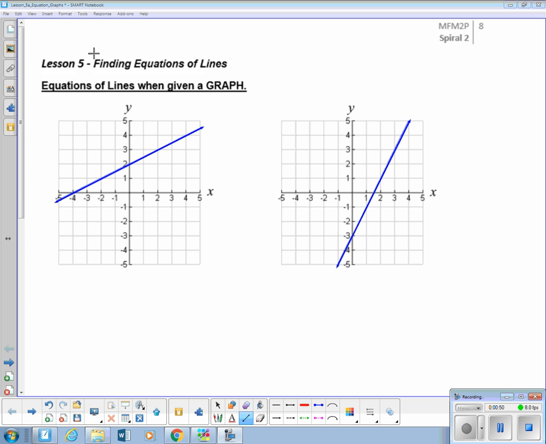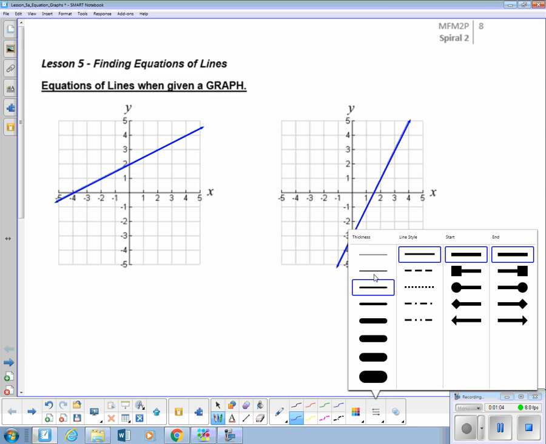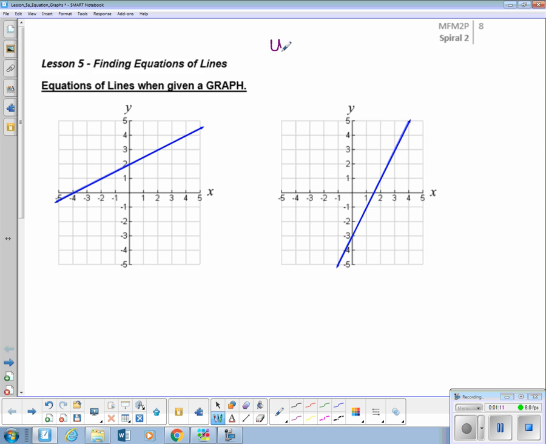So lesson 5, it's page 8 of your green book, finding equation of lines when given a graph. What we need when we're talking about this is a few different things. We need to remember that when we're talking about equations of lines, the general equation is y equals mx plus b.